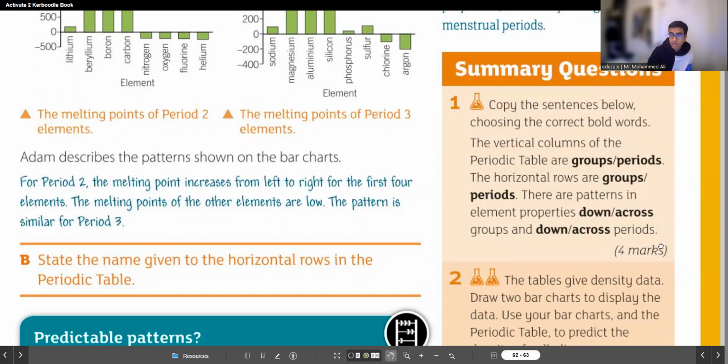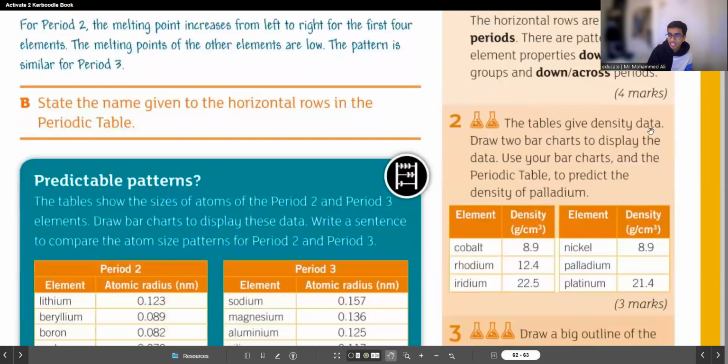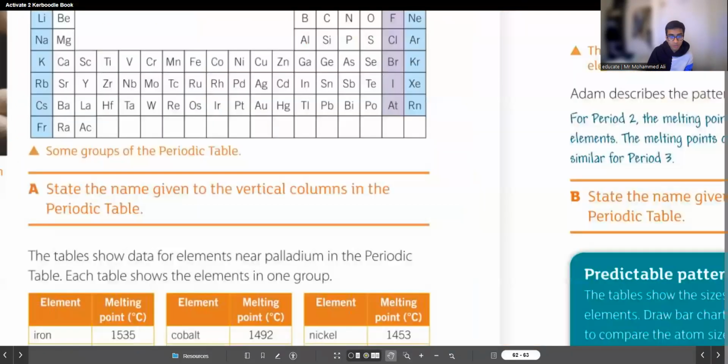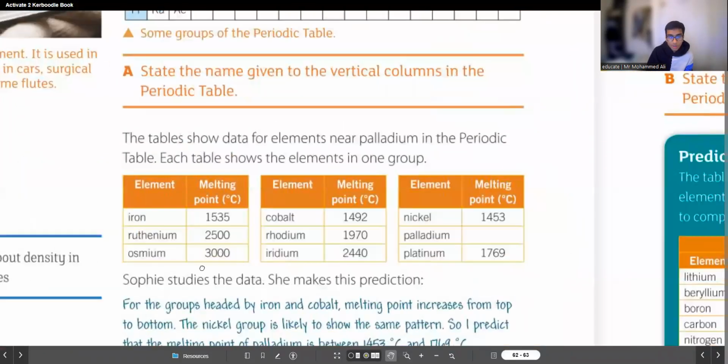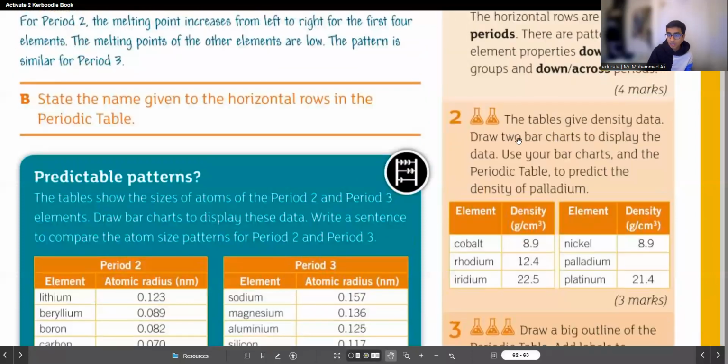For question 2, you can be asked to give density data. We looked at these tables previously after question 1. It gives the density data, so you have to draw two bar charts to display the data.